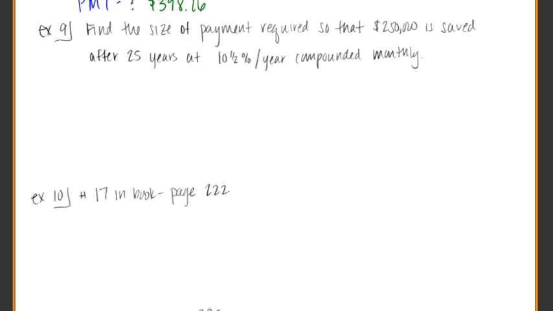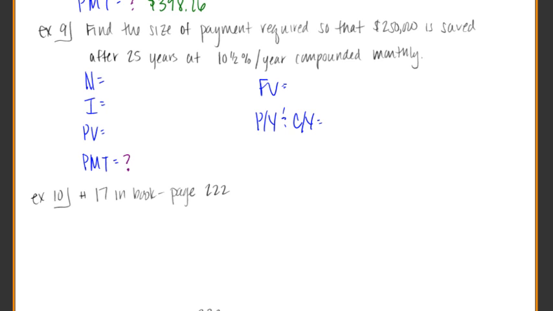We want to find the payment size required so that $250,000 is saved after 25 years at 10.5% compounded monthly. So entering in the information as we go through it, we want to find the size of the payment. It's required so that $250,000 is saved. We're paying ourselves money to have $250,000 available.